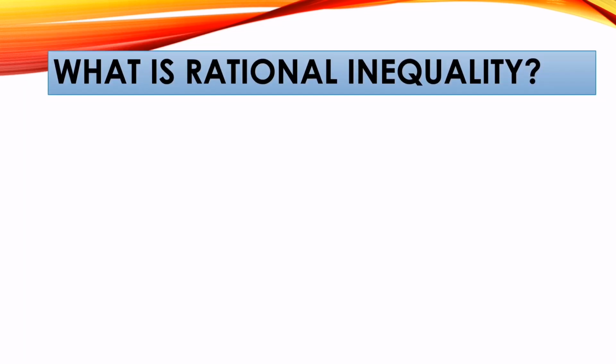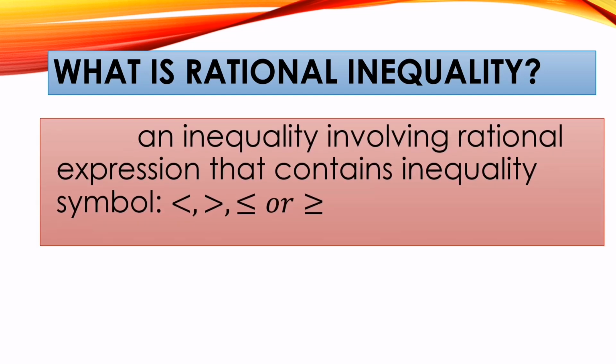So what is a rational inequality? A rational inequality involves a rational expression that contains an inequality symbol of less than, greater than, less than or equal to, or greater than or equal to.